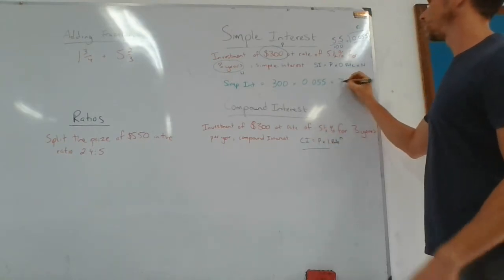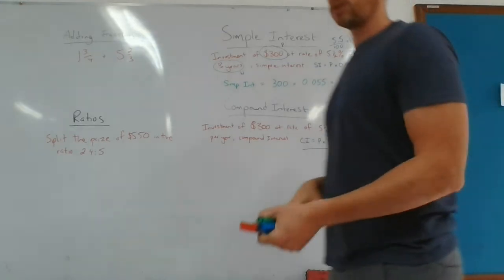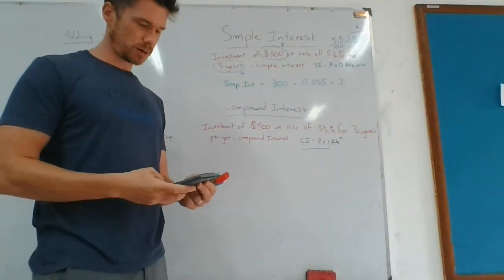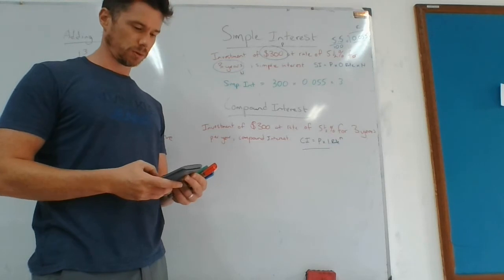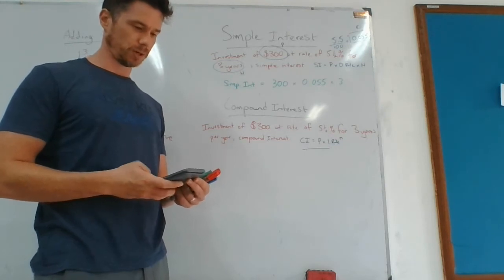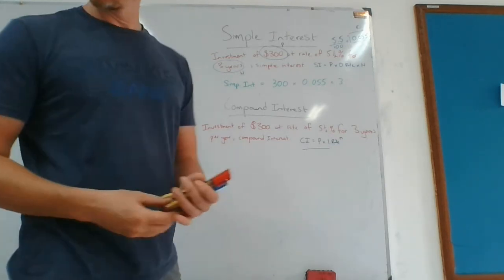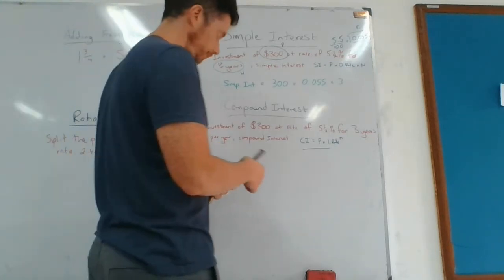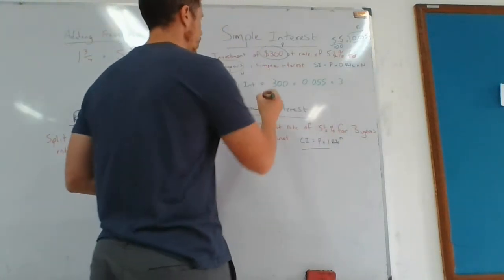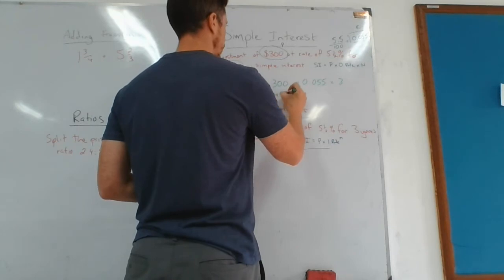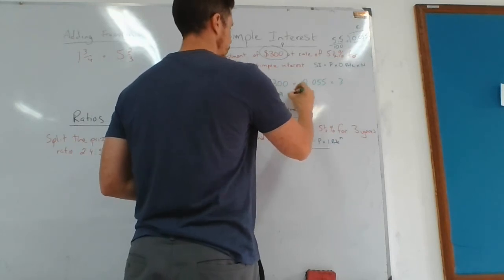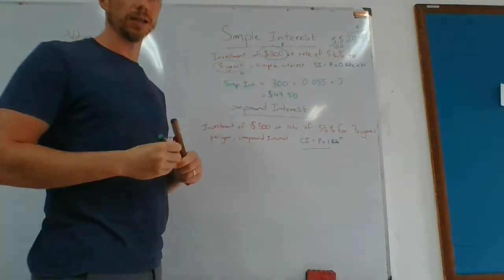Times the number of years, so 3 years. Typing all that into your calculator, 300 multiplied by 0.055 multiplied by 3, that gives 49.5. Okay, so the simple interest is 49.5, so that's money, like $50.